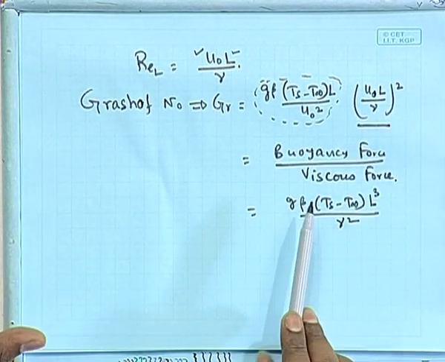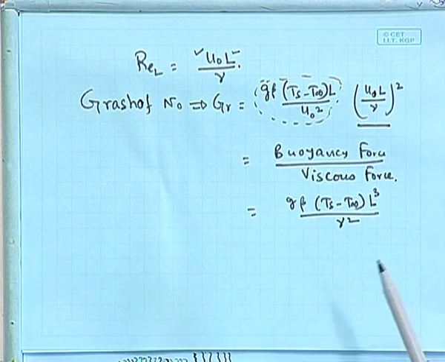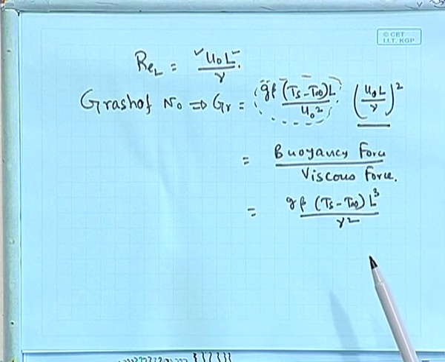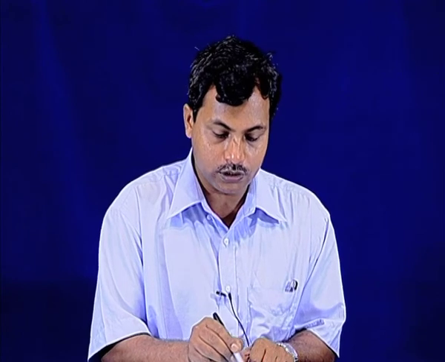Depending on the magnitude of the Grashof number, you can say whether the buoyant force is dominant or the viscous force is dominant. If the viscous force is dominant, then I will not have any natural convection. If the buoyant force is dominant, then I will have natural convection. All this conclusion you can draw just by looking at the Grashof number. If both are more or less of equal magnitude, then both free and forced convection can be of importance.